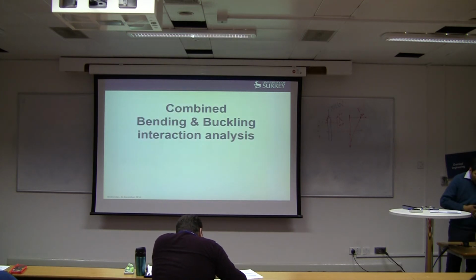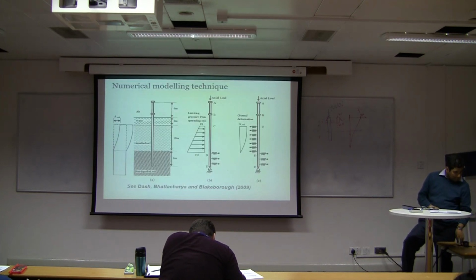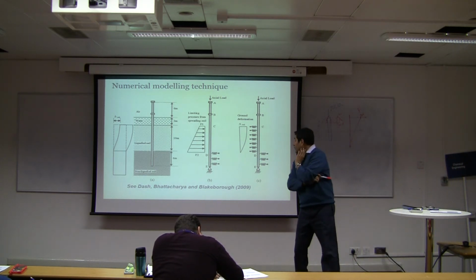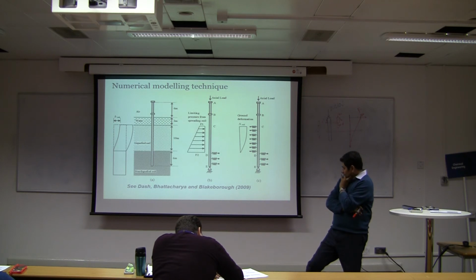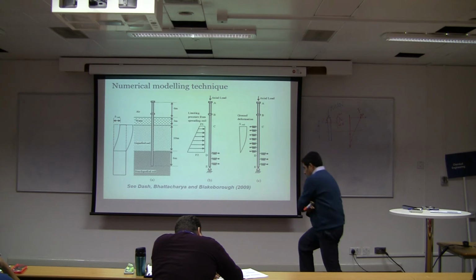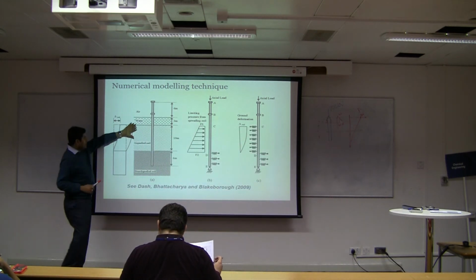Okay, now how do you then combine this buckling and bending analysis? If you want to do the work, we can do it in a few different ways. Say you find out that you have got water and liquefiable soil.